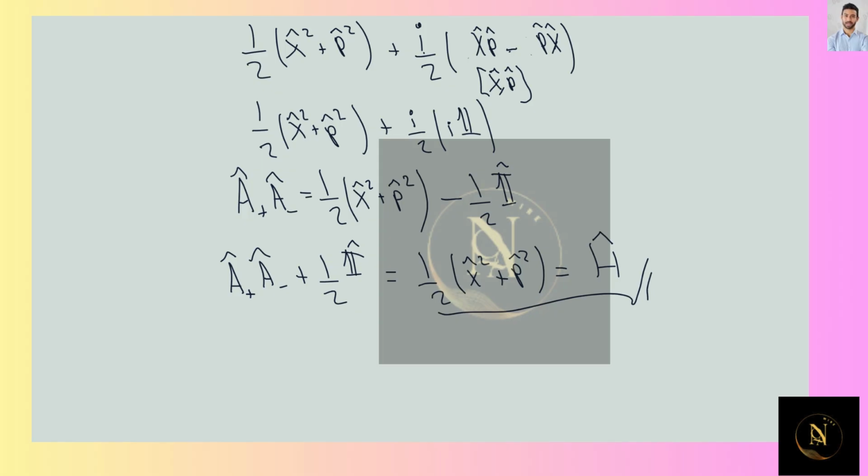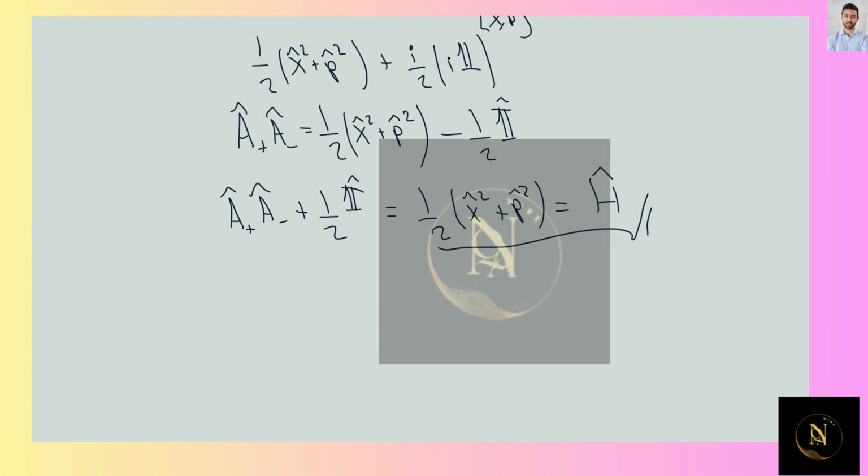Next up, we need to find the commutators of a minus and a plus, and of H with a plus. First of all, the commutator of a minus with a plus.